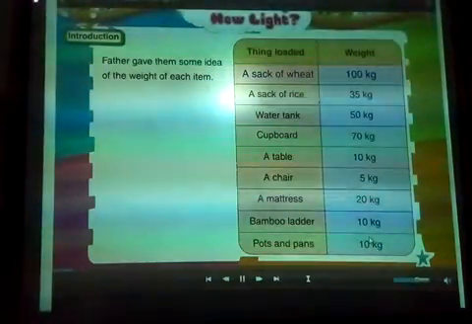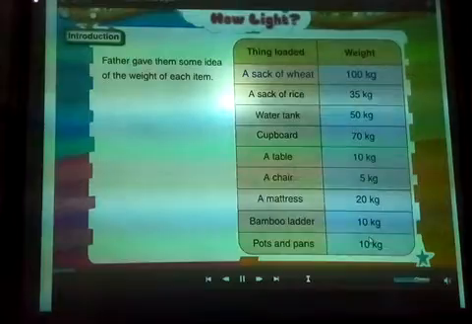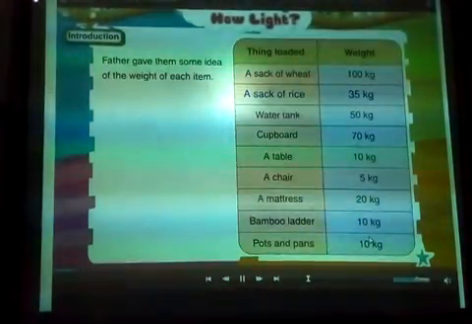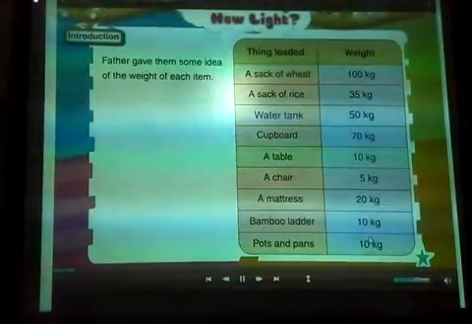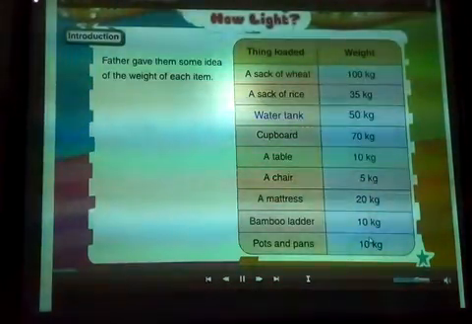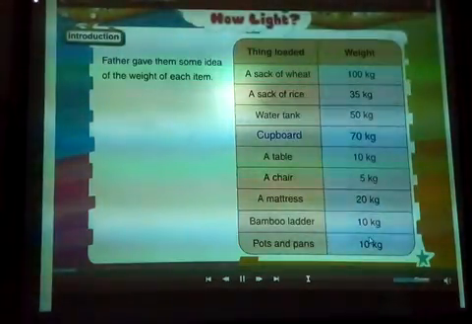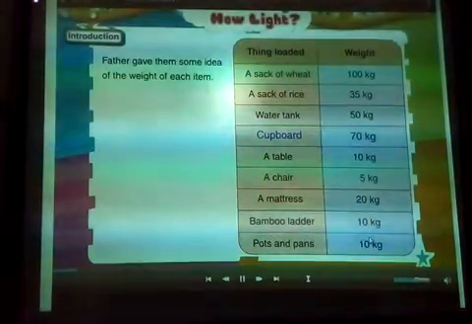1 sack of wheat weighs 100 kg. The weight of 1 sack of rice is 35 kg. The water tank weighs 50 kg. The weight of the cupboard is 70 kg.